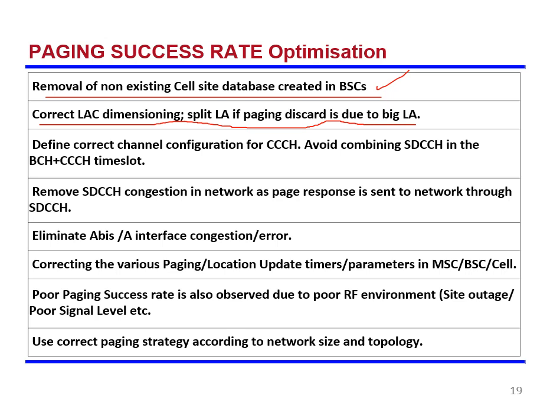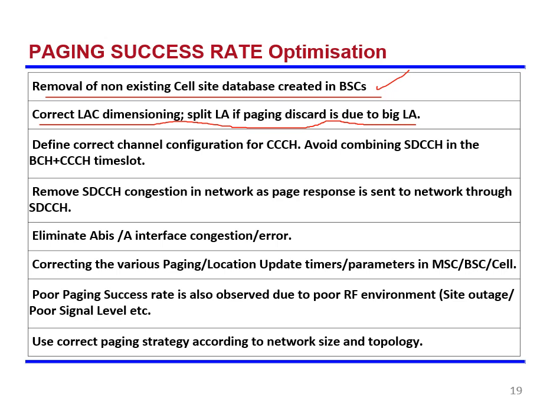If the location area codes are not properly dimensioned, definitely there will be an issue with paging. More number of paging messages means more load on the system. So proper dimensioning should be done, LAC borders should be defined properly. If the LA size is more, it can be split.